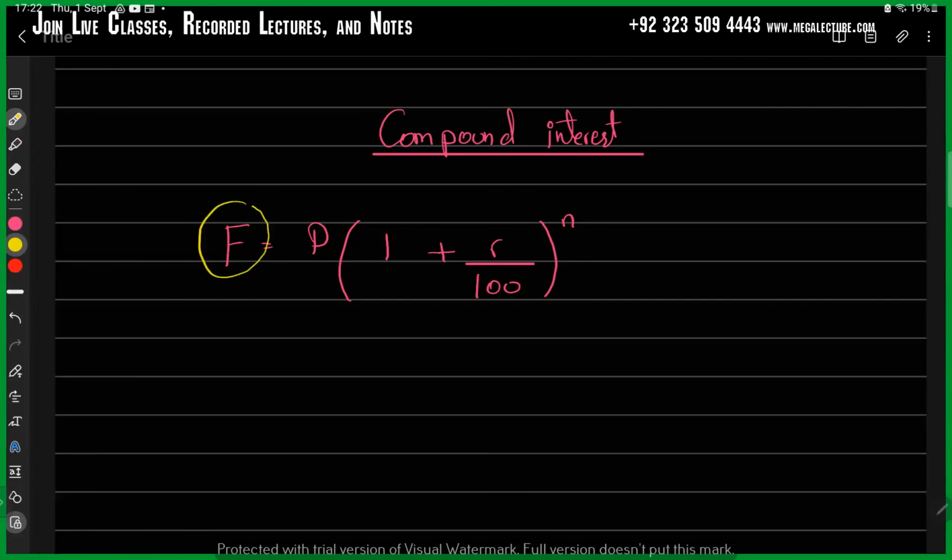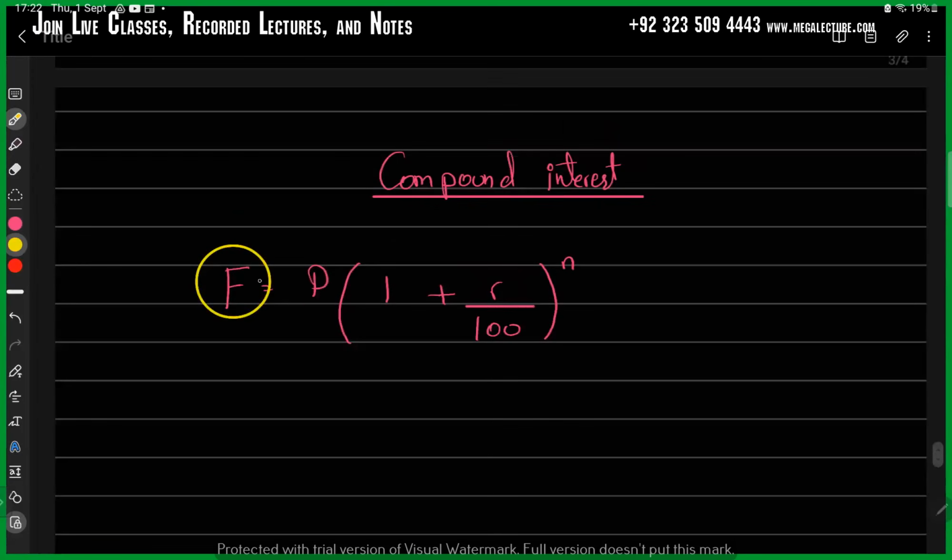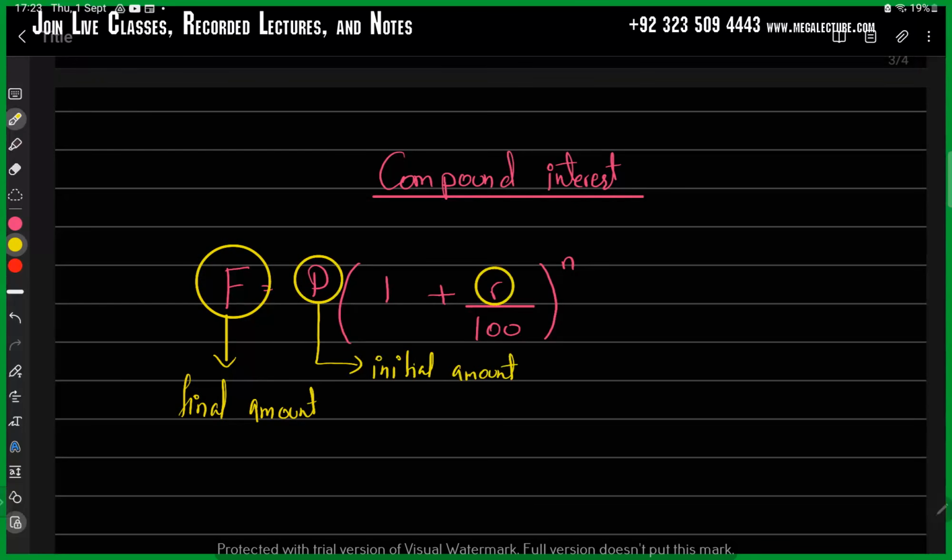Now I'll tell you. This F is basically your final amount. This P basically stands for the starting value or the initial amount, whatever you want to call it. So initial amount, because this is how we have discussed it. This R is basically the percentage interest rate.